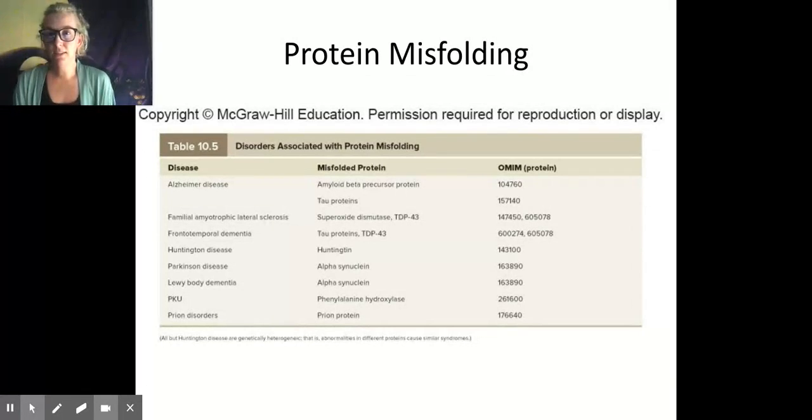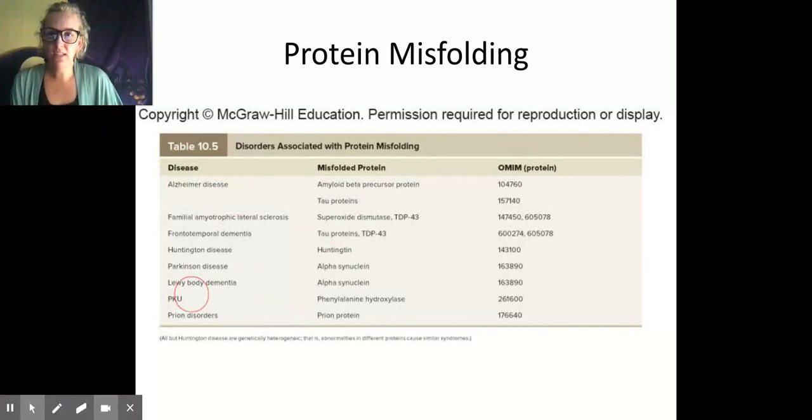Alzheimer's disease, a disease that affects a lot of us. It affected my family two years ago, I lost my grandma to Alzheimer's. We have found out that it can be the result of the amyloid beta precursor protein. If the amyloid beta precursor protein, which you can see right here, is misfolded, patients end up with Alzheimer's disease. Not always, but a lot of the time.